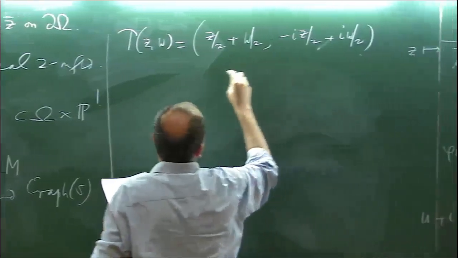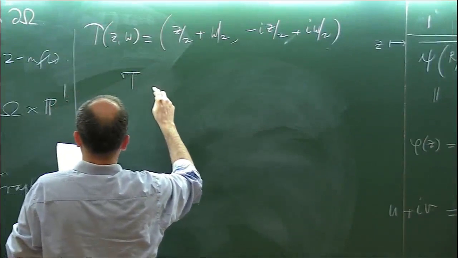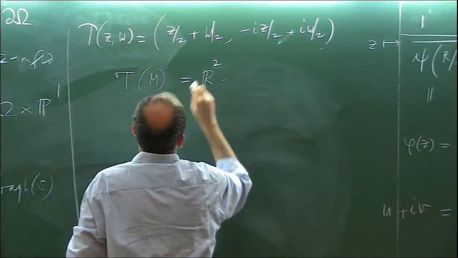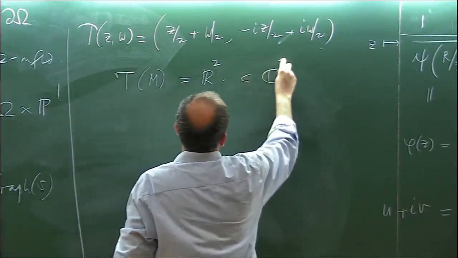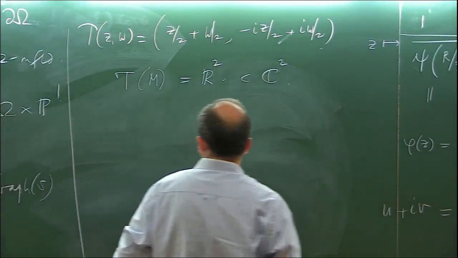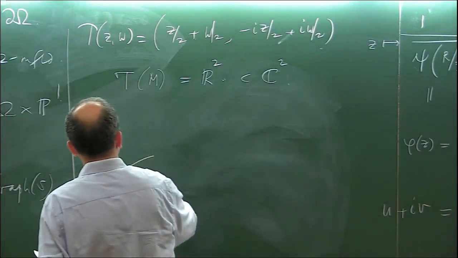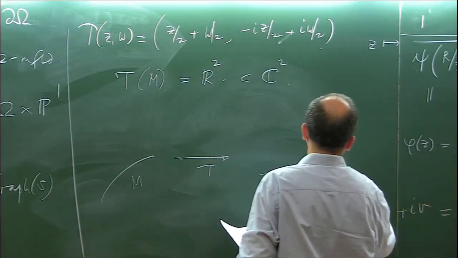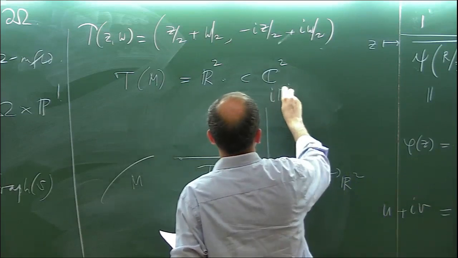Okay, so this is a C-linear map which takes M into R2, sitting inside C2. Here is M, here is the transformation T, and this is R2, and this is i times R2.